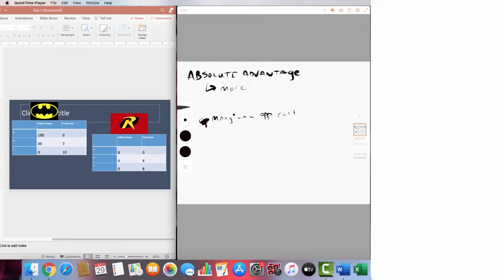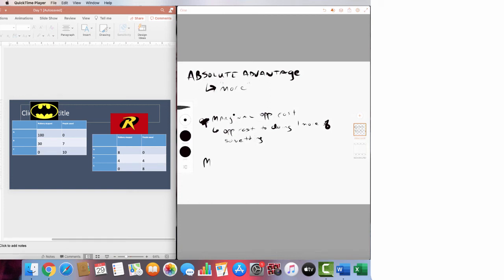The marginal opportunity cost tells us what is the opportunity cost to doing one more of something. Remember, margins are small changes. And those small changes in this case are doing one more of something. So if Batman's going to save one more person, what does he have to give up in terms of robbery stopped? So let's take a look at that.